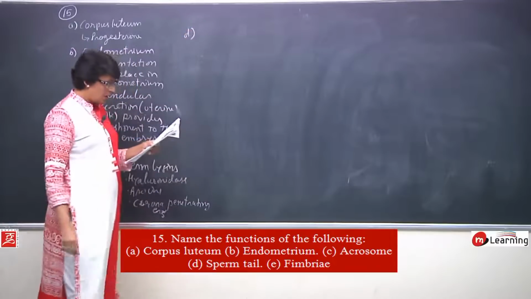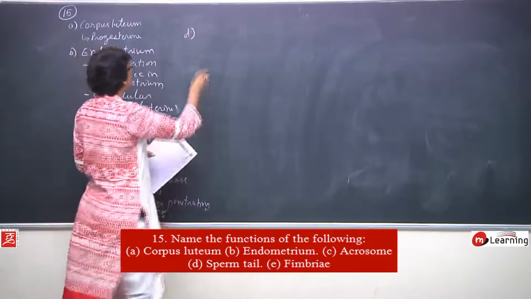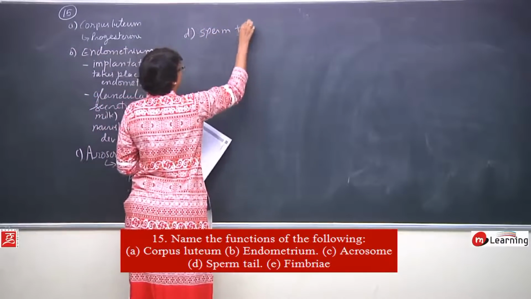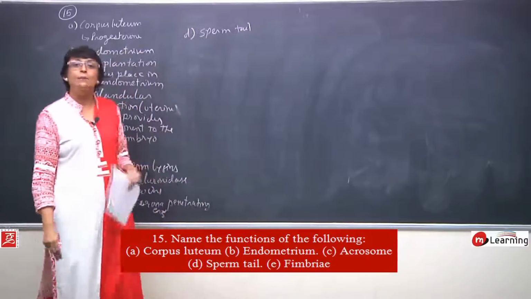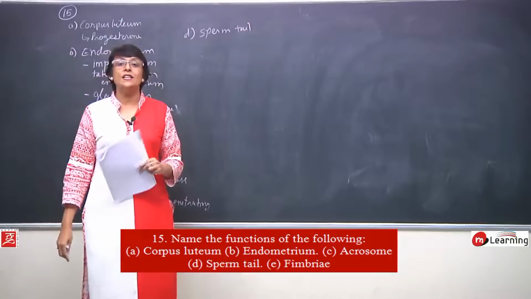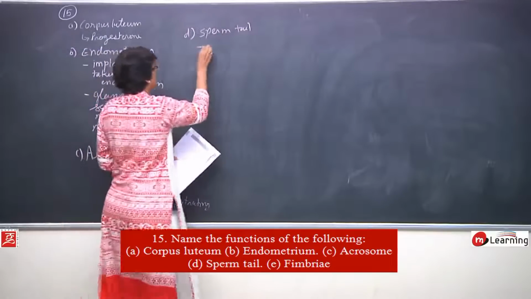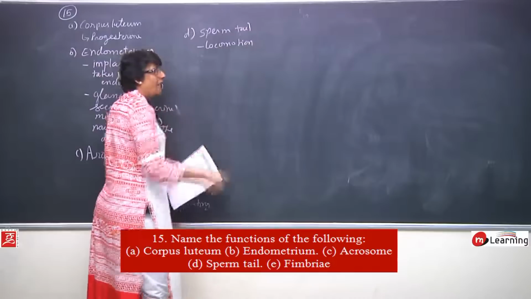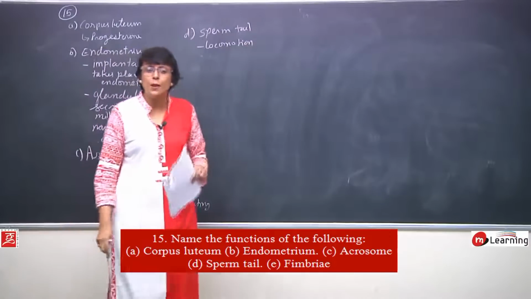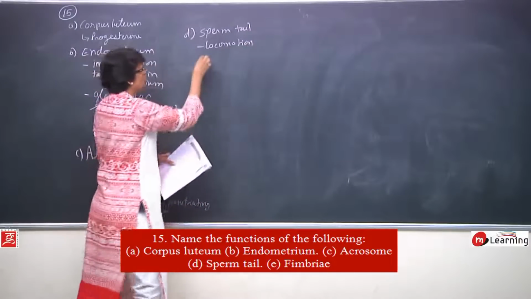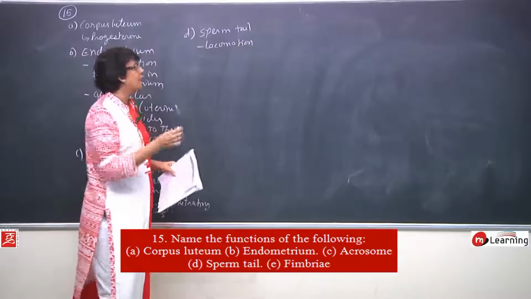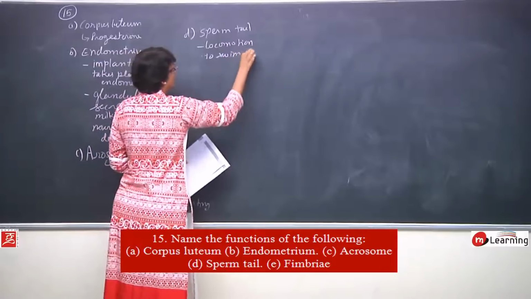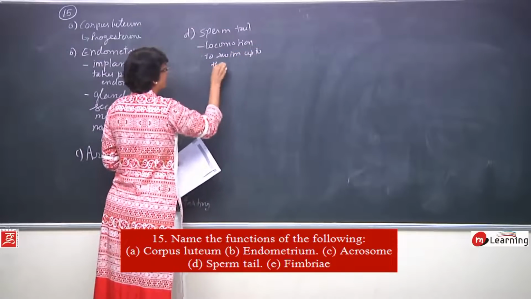The next structure is the sperm tail. Function of tail is to help in locomotion. So it provides sperm the motility. It helps the sperm to swim up to the egg.